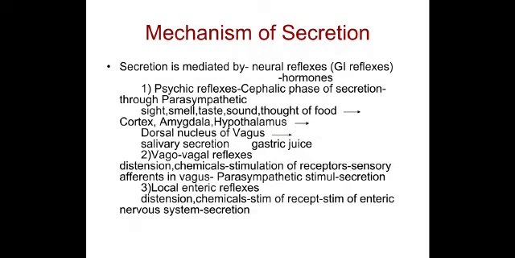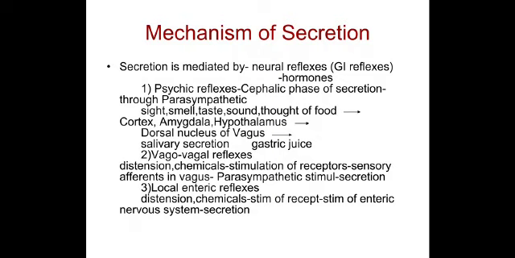The chemicals involved stimulate the receptors, which are sensory, afferent, and vagus, and finally the secretion increases due to parasympathetic stimulation. There are also local enteric reflexes, which are elicited due to distension, and some chemicals which stimulate the receptors and in turn stimulate the enteric nervous system, and thereby the secretion happens.